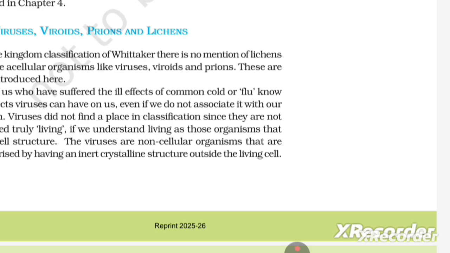Even if we do not associate it with our condition, viruses did not find a place in classification since they are not considered truly living. If we understand living as those organisms that have a cell structure, the viruses are non-cellular organisms that are characterized by having an inert crystalline structure outside the living cell.